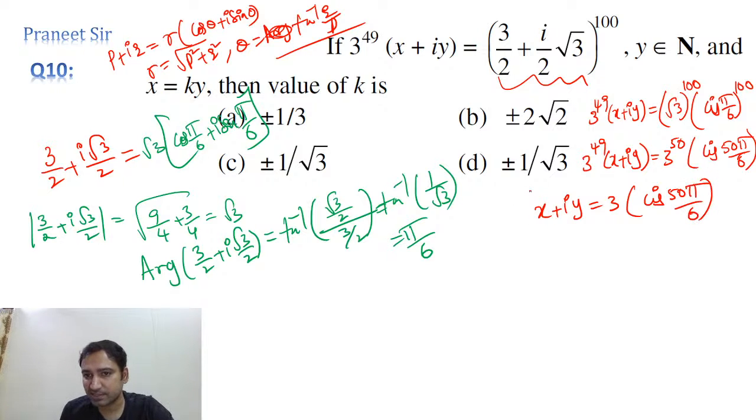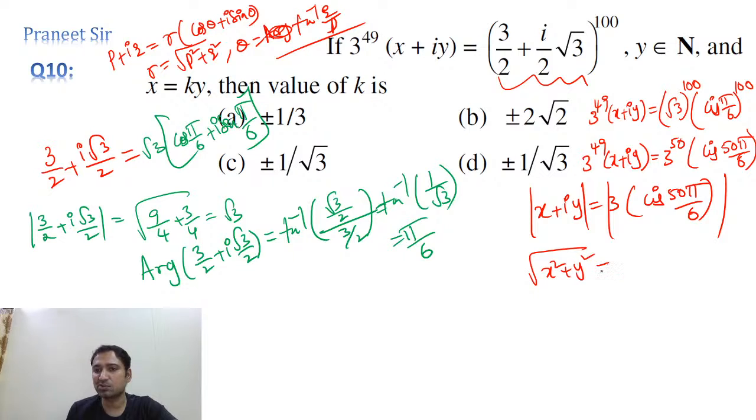So now apply modulus, guys. If you apply modulus, it will become more easy actually. So if you apply modulus, what do we get? The square root of x square plus y square is equal to 3. So from this, x square plus y square is equal to 9. But in place of x, can I substitute ky?